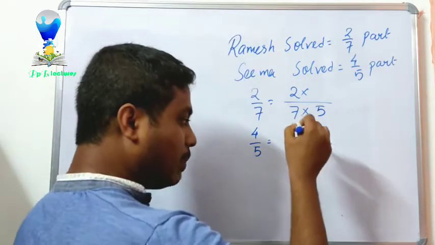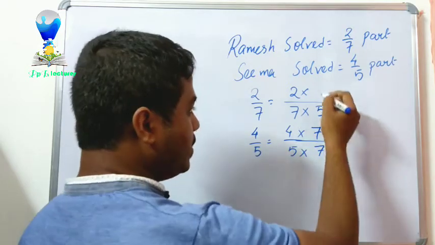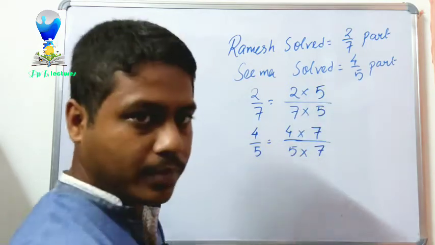Okay, the number that you have multiplied below, that also should be multiplied above. The same here, it should be multiplied above.